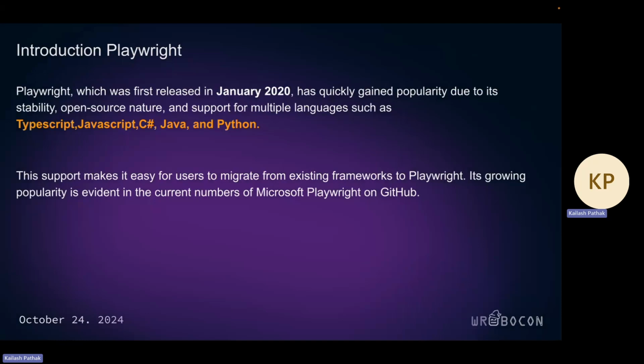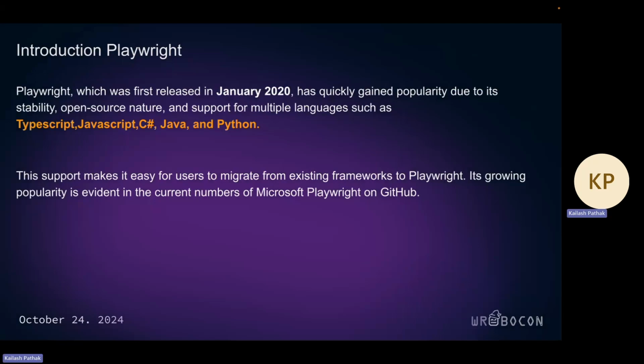The reason is simple. First of all, it has multi-language support: TypeScript, JavaScript, C#, Java, and Python. Apart from that, it handles Shadow DOM, iframes, alerts, and other objects very well.